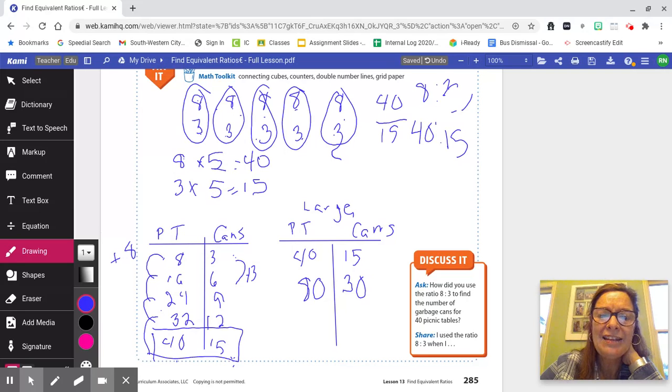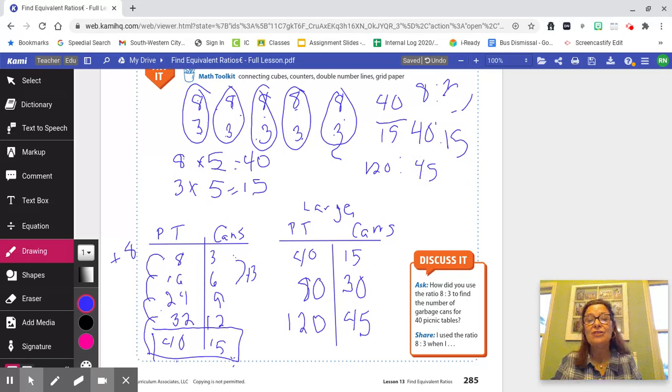And if I added these two together, I get 120 with 45 trash cans. So hopefully your answer was 40 gives me 15 trash cans, and 120 picnic tables, I should have 45 trash cans. So if you didn't get that, go ahead and write that down.